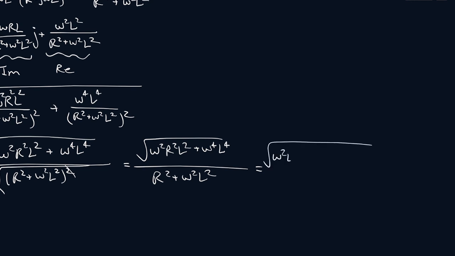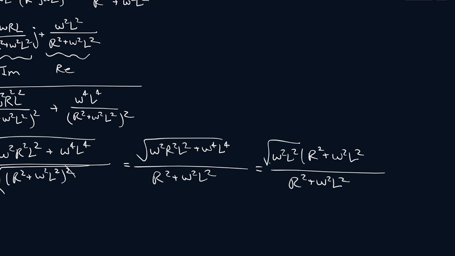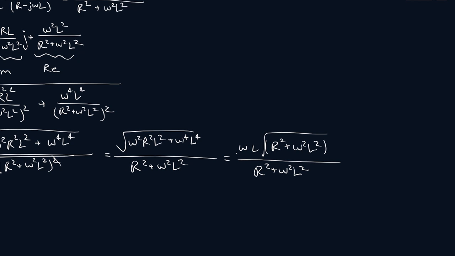I could take W squared and L squared out of all of this. And I could square root these individually. And this and all of this cancel each other out. And what I notice is this and this are both the same.